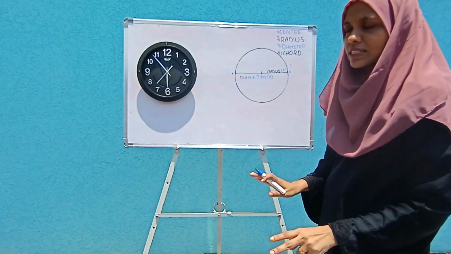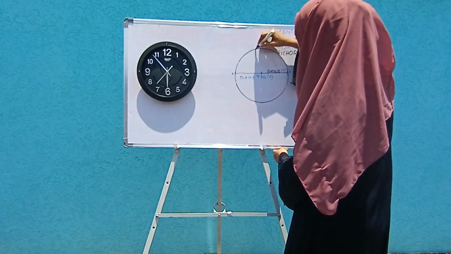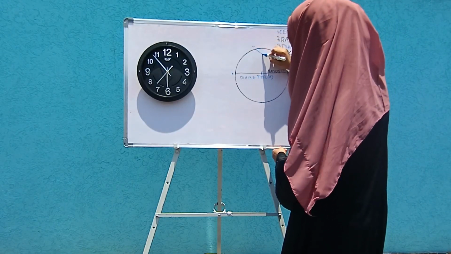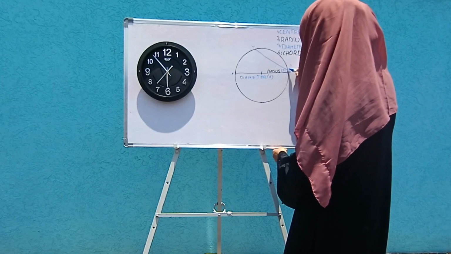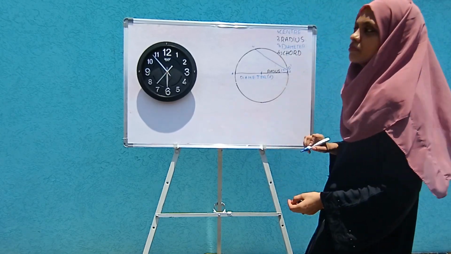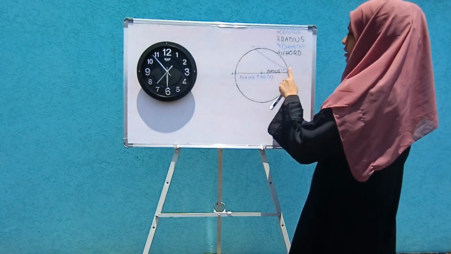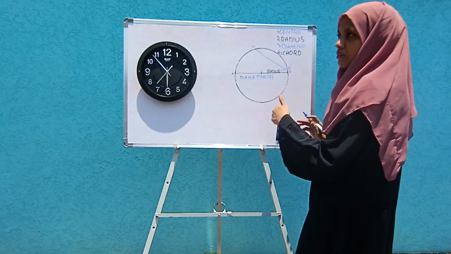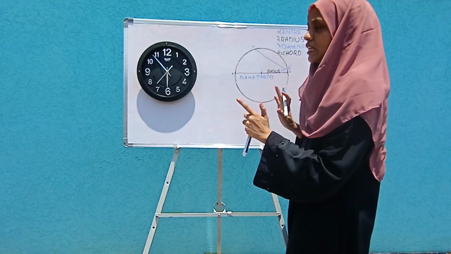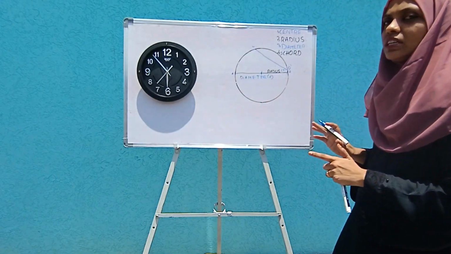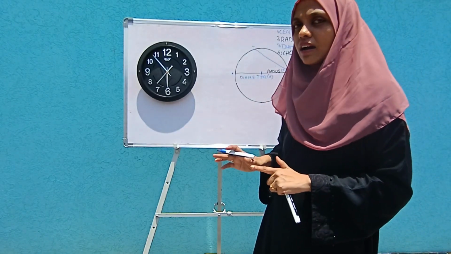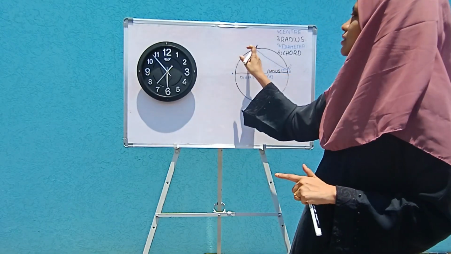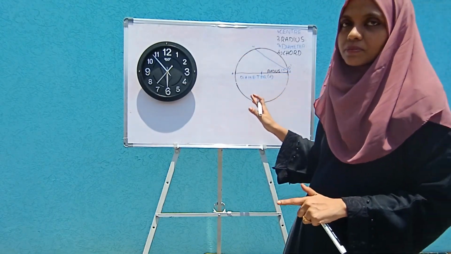But for a chord, if I take some point C and draw a line from C to some point D, the line which touches two points of the circle's boundary is called the chord. The difference: diameter passes through the center, while a chord just touches two points of the circle.